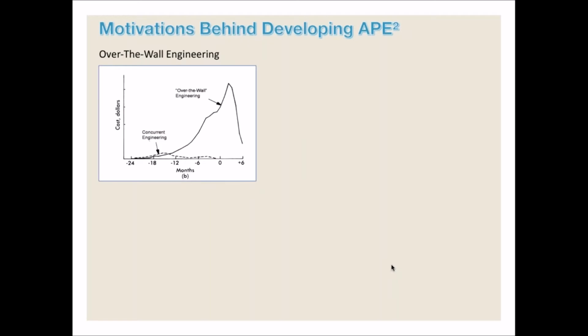And somewhere down the line, something is lost, like the communication gap. They have not actually implemented what the architect envisioned, and you go back to the architect and review, go back to the development team, and there's always this over-the-wall engineering concept.